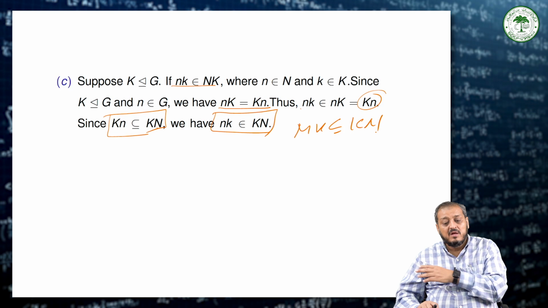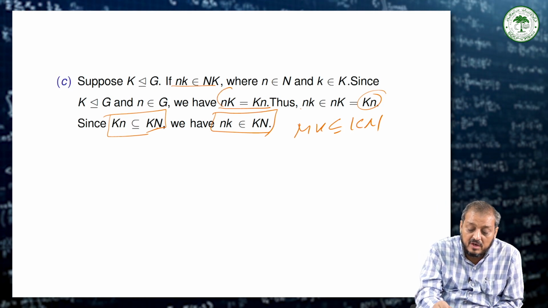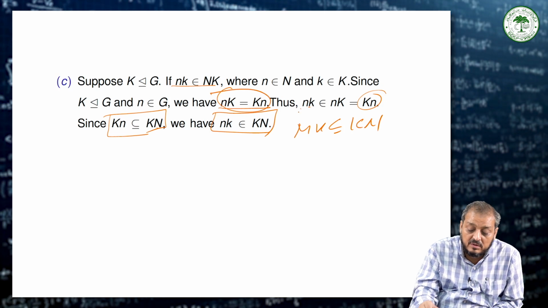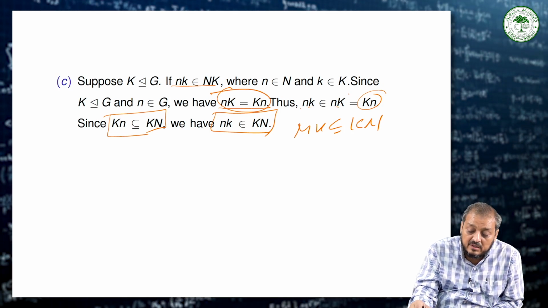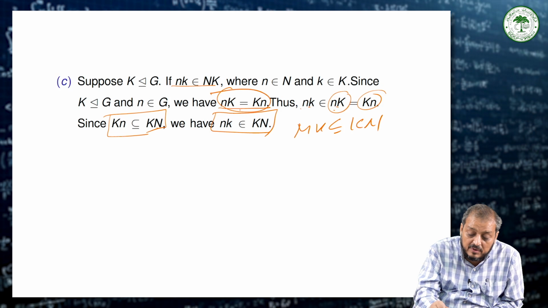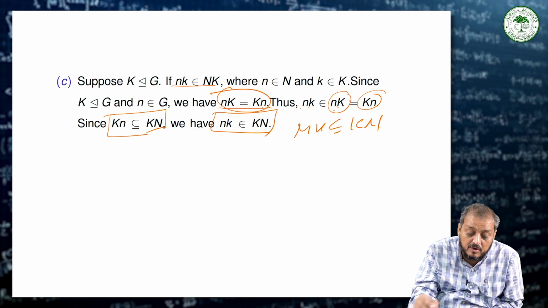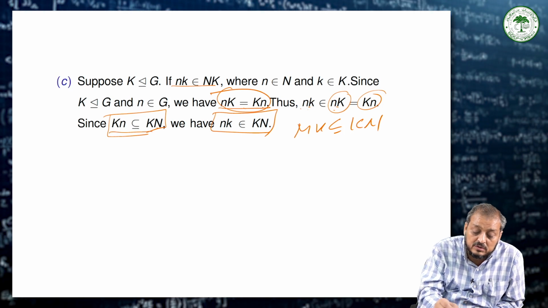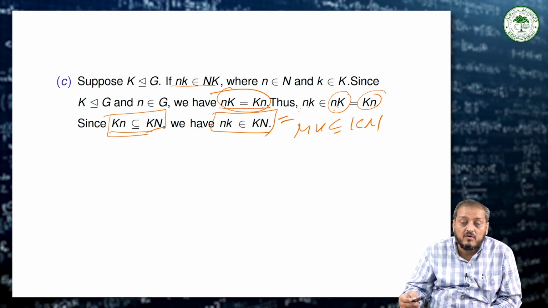Using the normality condition, nk is an element of kn, and this means nk is nothing but kn. Then nk is an element of KN.